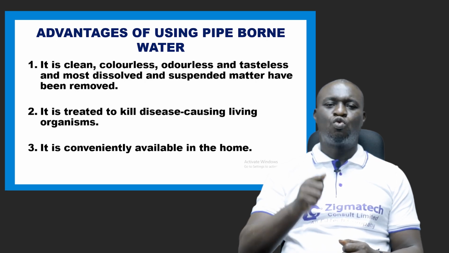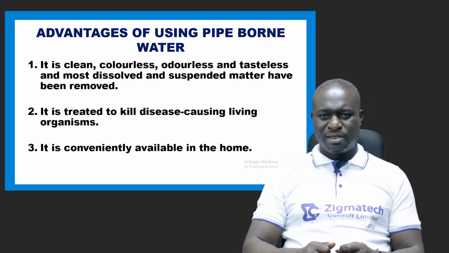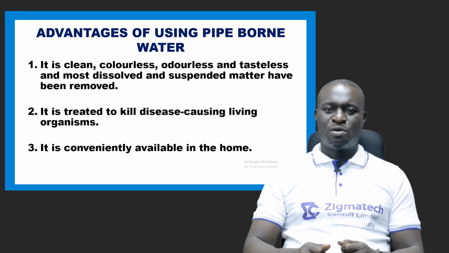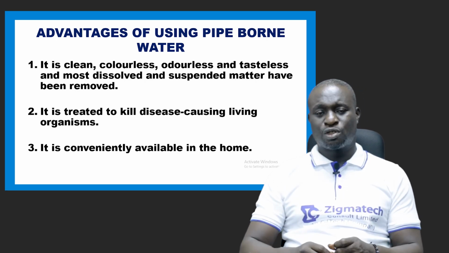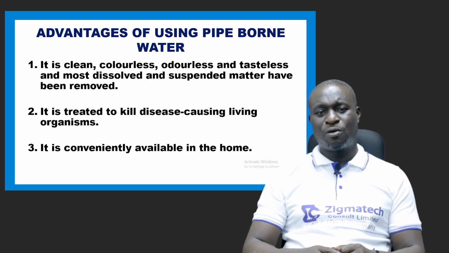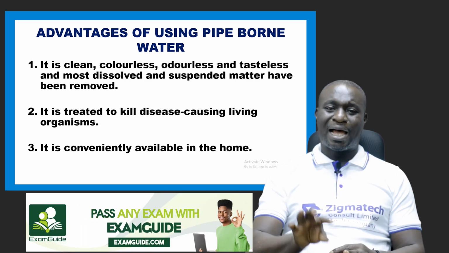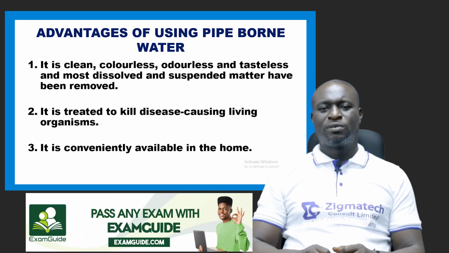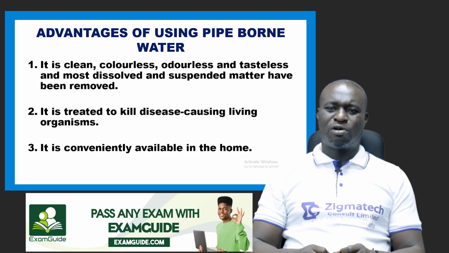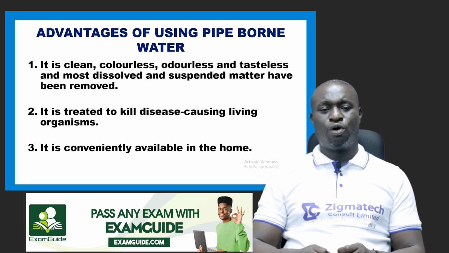Most pipe-borne waters are treated with the addition of chlorine. We have chlorine in tablet form, in liquid form, and in gaseous form. There are several ways you can apply chlorine to your water that will help to safeguard it. So these are some of the advantages of pipe-borne water.